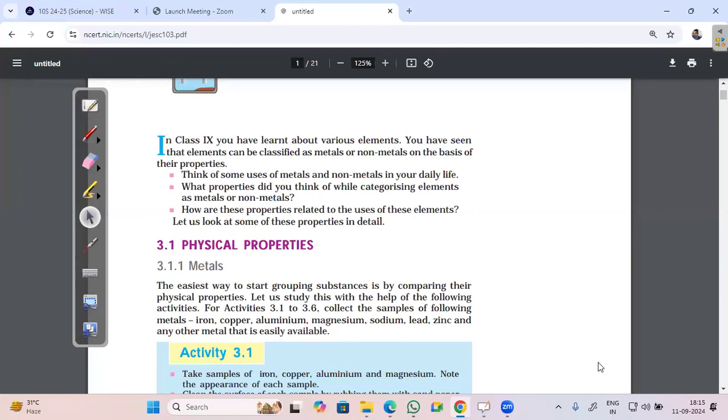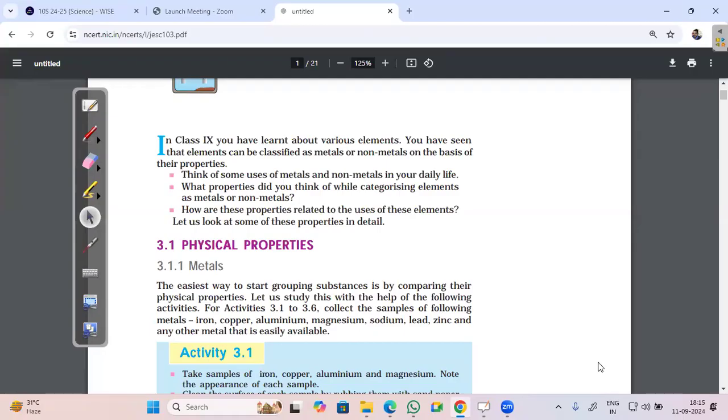But I think all of you must have an idea about a metal. We identify a metal depending on its physical properties. The very first thing we observe is the physical properties. If you are given any substance, what you can easily identify is its physical properties.